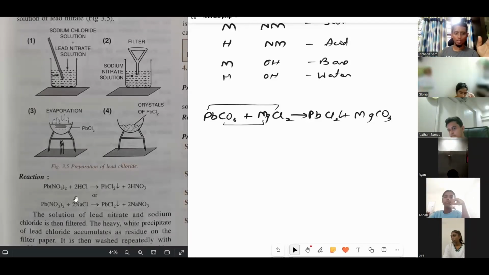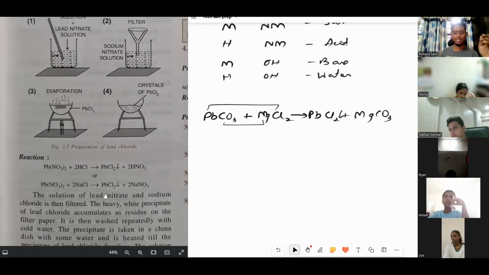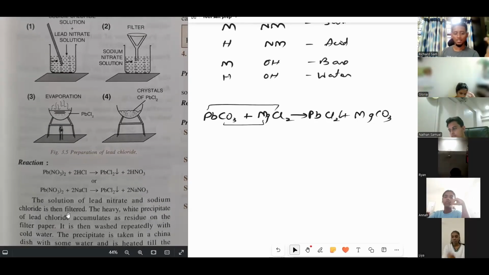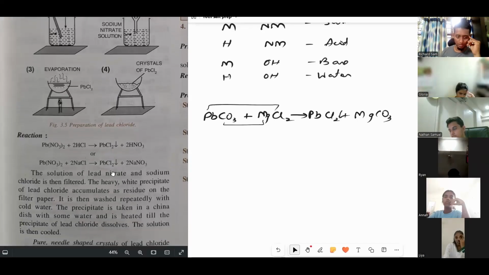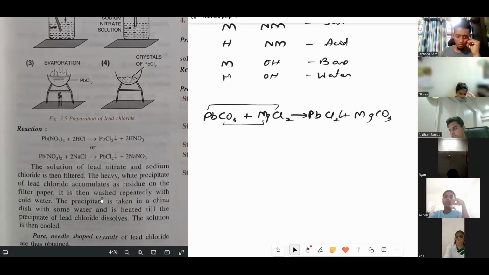Then the solution of lead nitrate and sodium chloride is then filtered. The heavy white precipitate of lead chloride accumulates as residue on the filter paper. It is then washed repeatedly with cold water. The precipitate is taken in a china dish with some water and is heated till the precipitate of lead chloride dissolves.